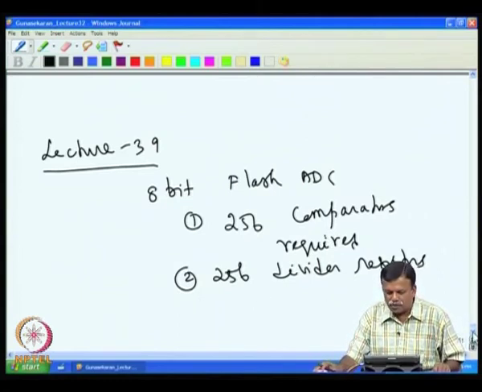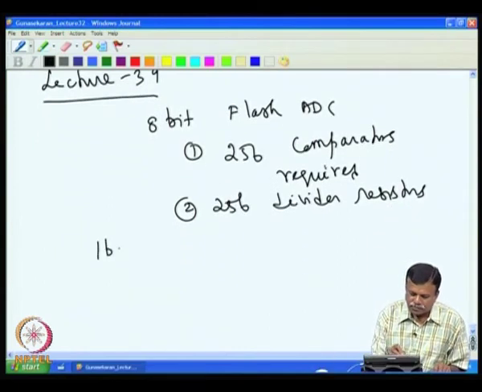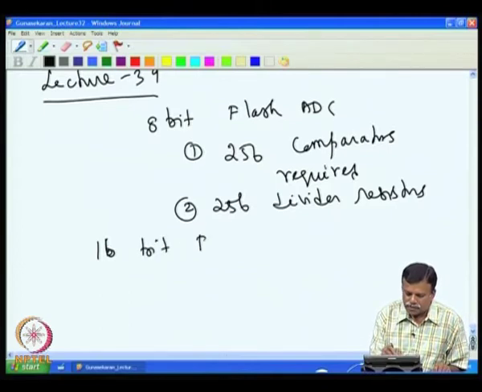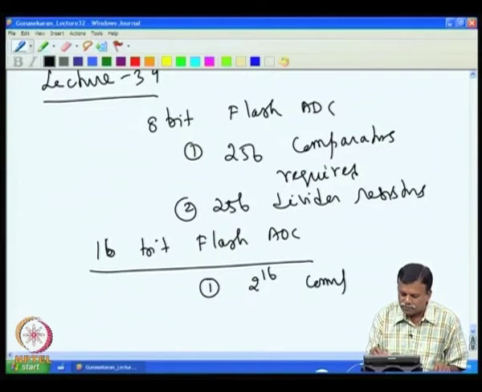But if we want to go for a 16 bit flash ADC, then I need 64,000, that is 2 power 16, comparators, and similarly 2 power 16 divider resistors.